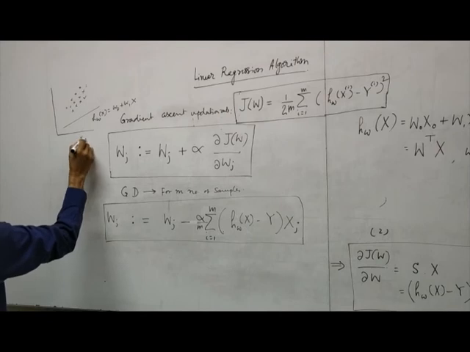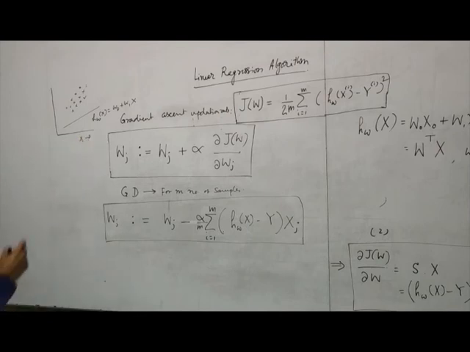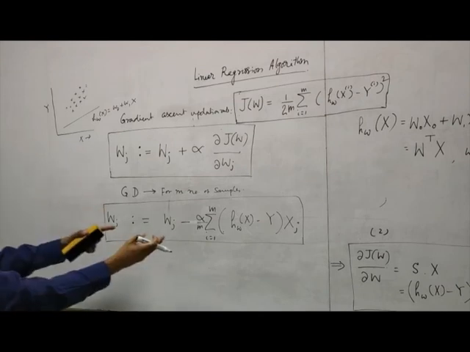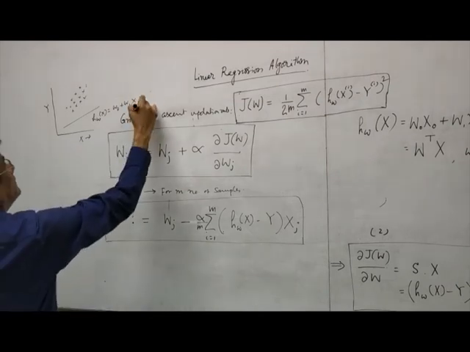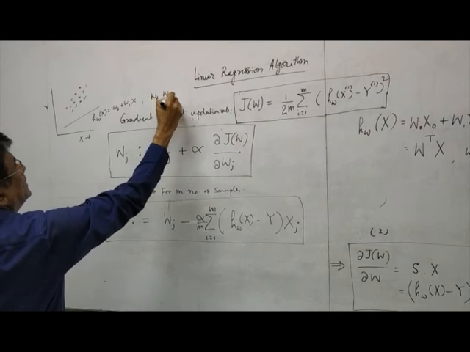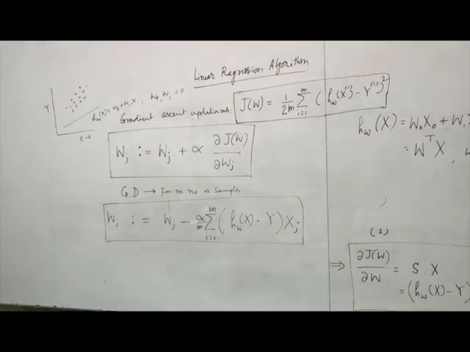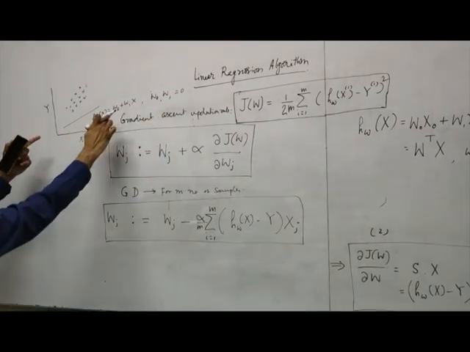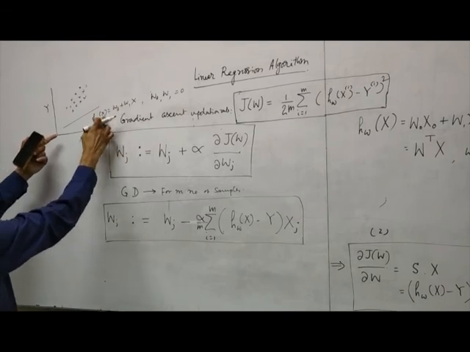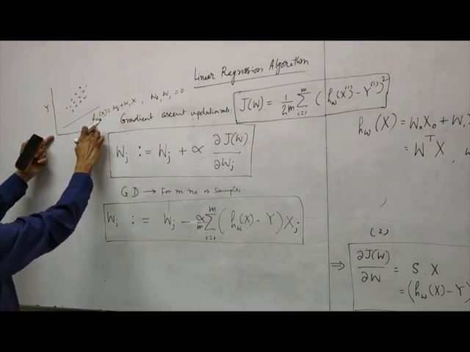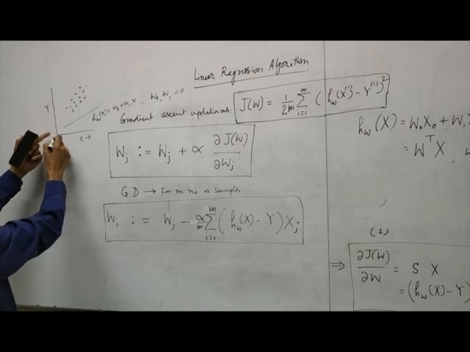Normally initial values you can take as 0. So this is 0, this is 0, means HW is 0, and it is starting from somewhere here.